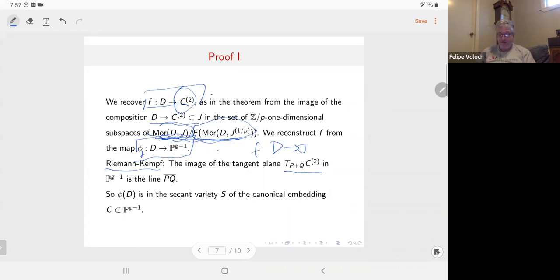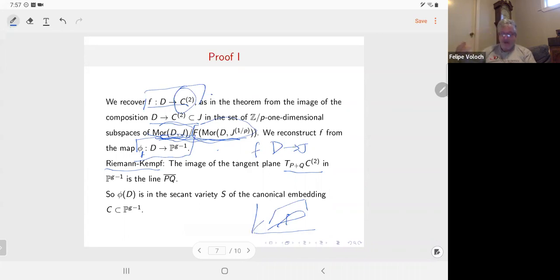The symmetric square, remember, lives in the Jacobian, so it's some surface inside the Jacobian. It has a tangent plane, and you can translate this tangent plane to the origin. It's the same construction as the Gauss map: you take the tangent plane of C squared and translate it to the origin. So you get a plane in the tangent space at the origin of the Jacobian.